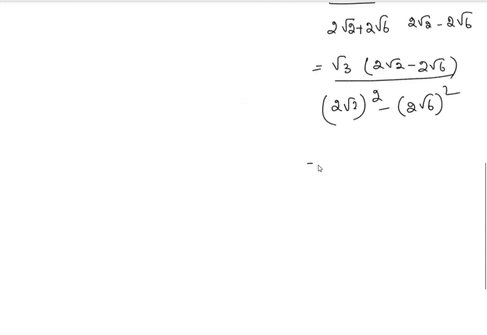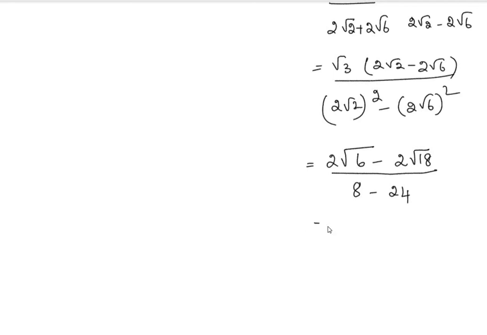Now I'll be getting root 3 into 2 root 2 is 2 root 6 minus 2 into root 6 into root 3, root 18, by 2 square is 4 and root 2 square is 2. So 4 2s are 8 minus 2 square is 4, root 6 square is 6. So 4 6s are 24.